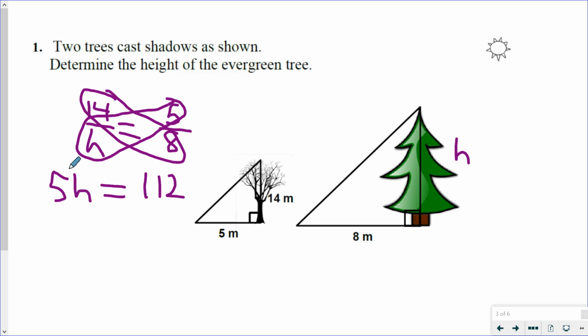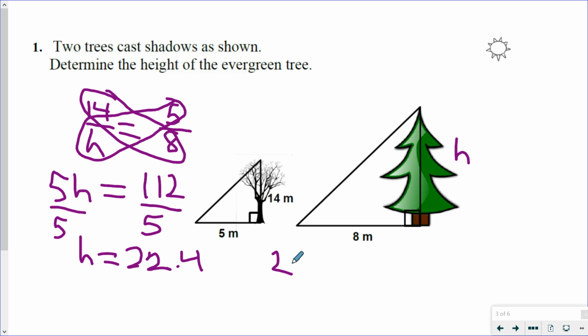We want to undo multiplying H by 5, which would be to divide both sides by 5. And 112 divided by 5 is 22.4. So the height of this tree is 22.4 meters tall.